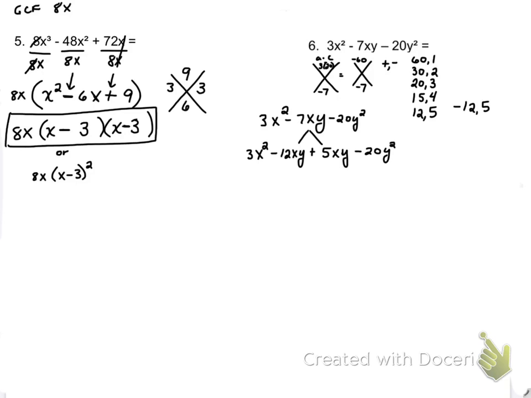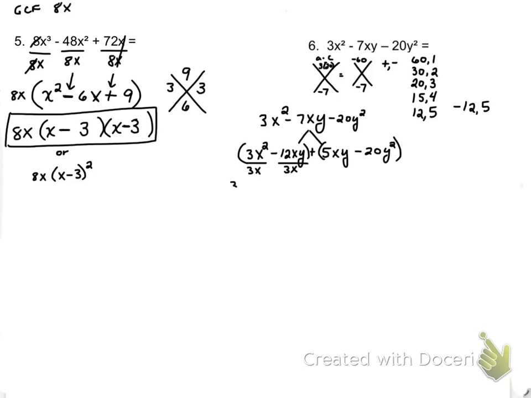Okay, so we split the middle term. Then this is called factored by grouping. So you group the first two numbers together and the second two numbers together. Okay. So you split, then you group, then you factor out the greatest common factor from each group. You might want to write these steps down. So the greatest common factor in this first group is a 3x.